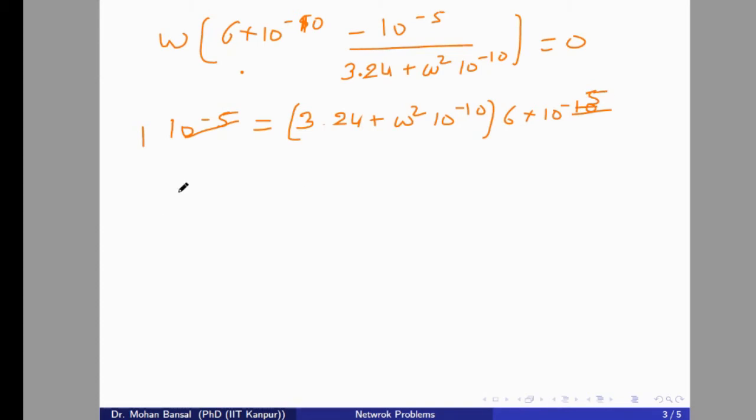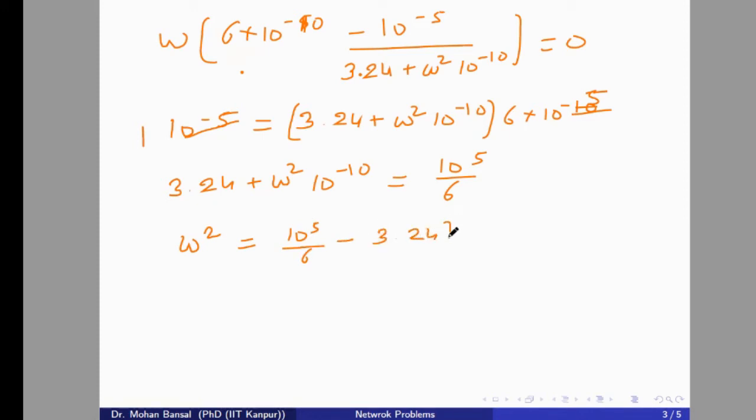If we solve it further, we will get 3.24 plus omega square into 10 to the power minus 10 equal to 10 to the power 5 divided by 6, and omega square will be equal to 10 to the power 5 divided by 6 minus 3.24 into 10 to the power 10.